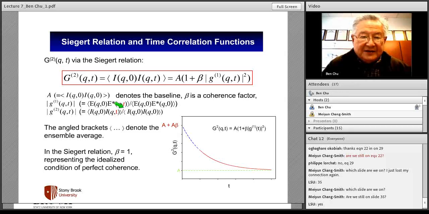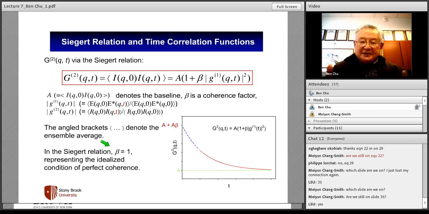And the Siegert relation in a simple case is simply to say that beta is equal to 1, representing an idealized condition of perfect coherence. So if you make such a plot, and think about a single particle, such a curve will be an exponential decay function. But the point that you must be careful about is that we are only able to measure the red part.